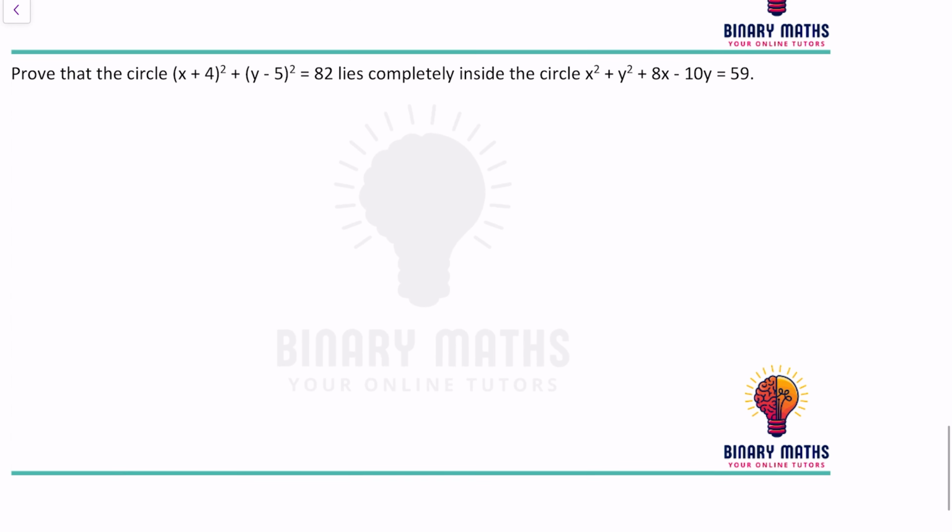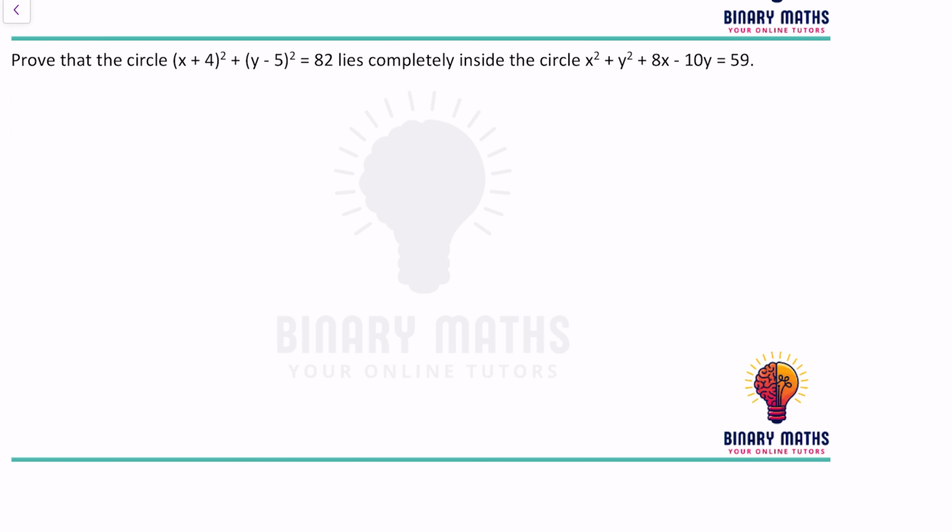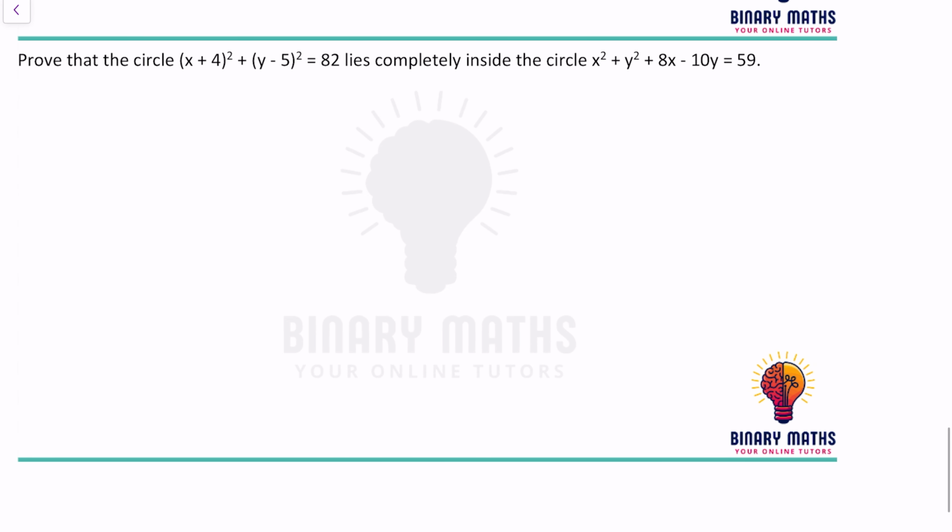Okay, next example now. Prove that the circle (x + 4)² + (y − 5)² = 82 lies completely inside the circle x² + y² + 8x − 10y = 59. Okay, so let's call this one circle 1 and let's call this one circle 2. So let's look at circle 1 first.